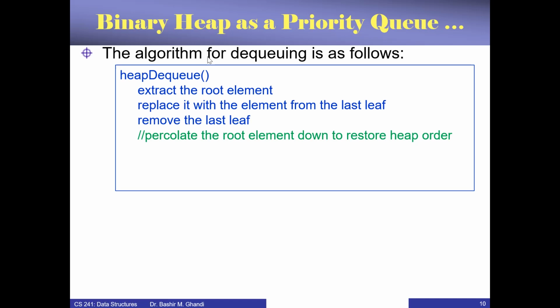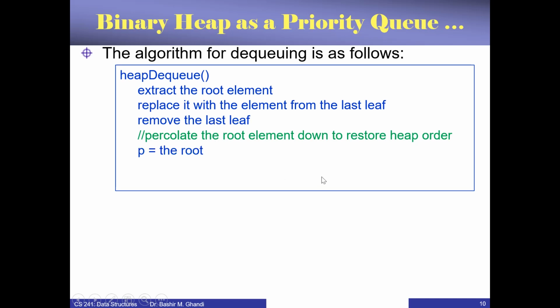So we have to restore the order. Okay, restore the heap order. So we're going to do the reverse of calculate up. We're going to do calculate down this time, because from the root, we're going to keep comparing that element with its two children and swap until it reaches the correct place.